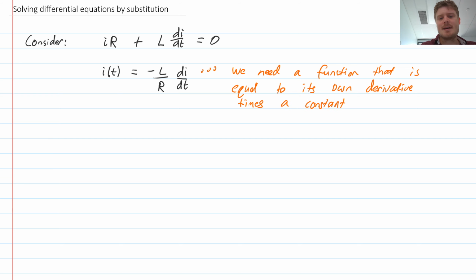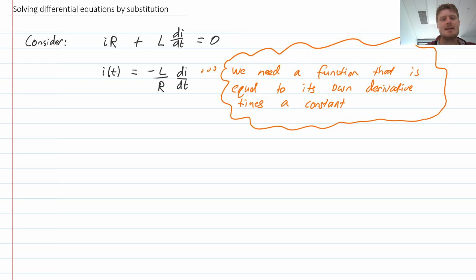We're saying here in this equation that our function I is equal to some numbers multiplied by the derivative of that function. So something that is proportional to its own derivative, and there's only one function in mathematics for which that is true. You should kind of hear the voice of your math teacher go ding, ding, ding. You should know this.